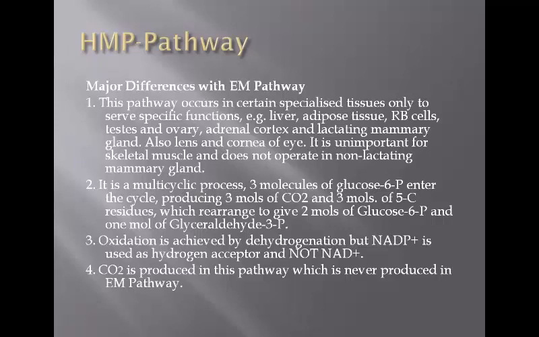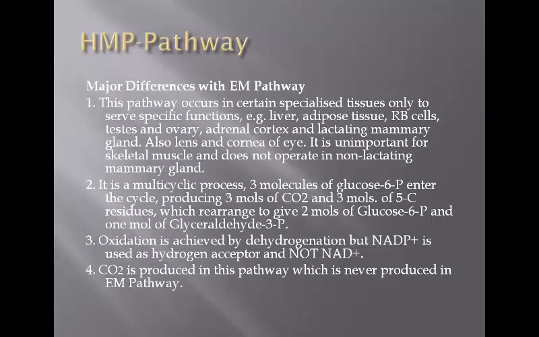They require NADPH for synthesis of different compounds, and even in erythrocyte cells, testis, ovaries, adrenal cortex, and in the lactating mammary gland. They are not required in the non-lactating mammary gland.